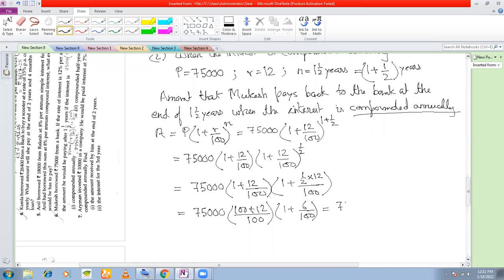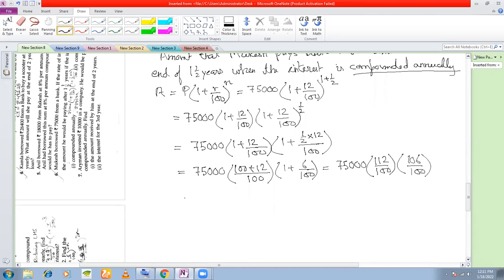So you get 75,000 into 112 by 100. And here, if you take the LCM, you'll get 106 by 100, right? So now if you multiply 75,000 with 112 and 106, divided by, you get 4 zeros in the denominator.